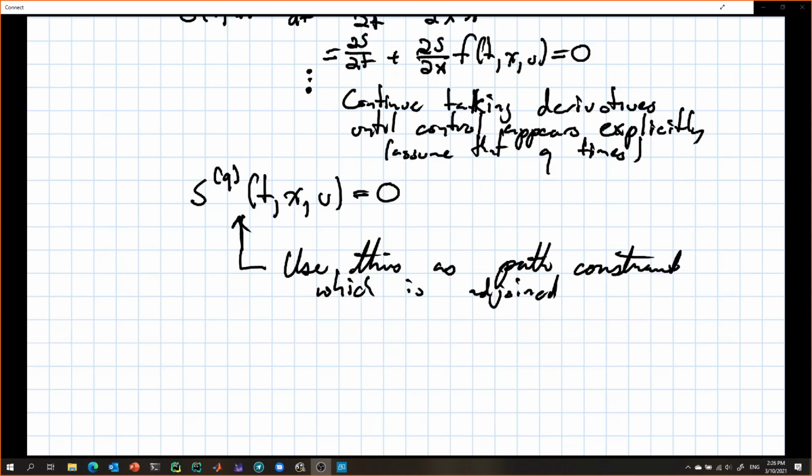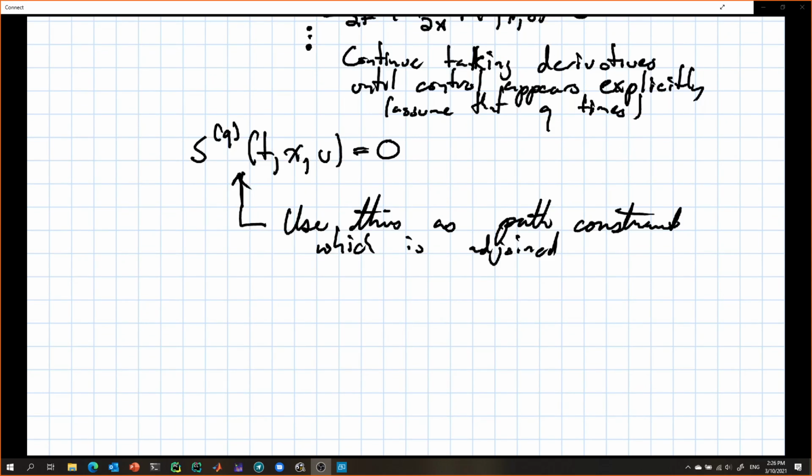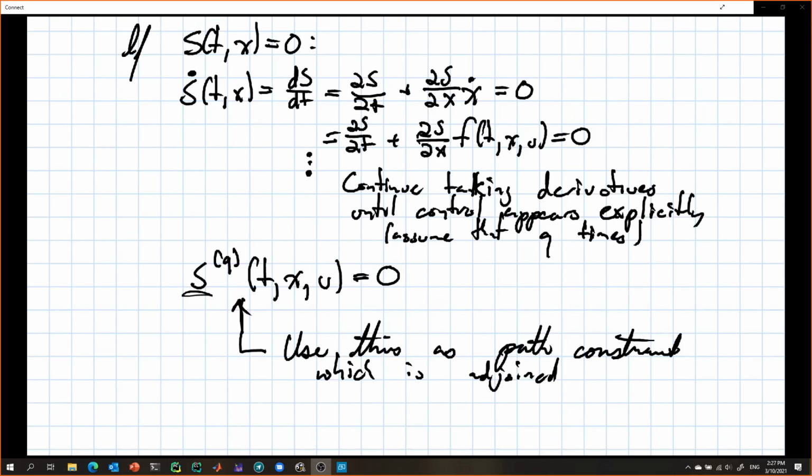The only other thing we need to add is, if we just use this derivative of s, then your final s, like when you integrate these back, right?